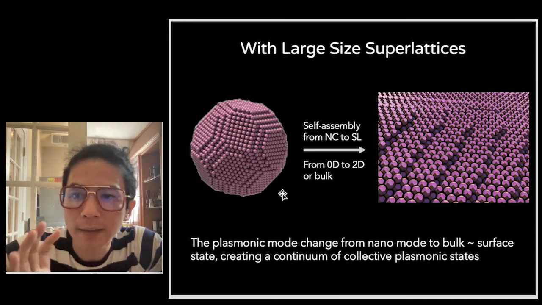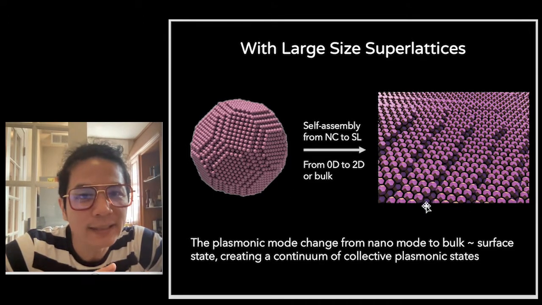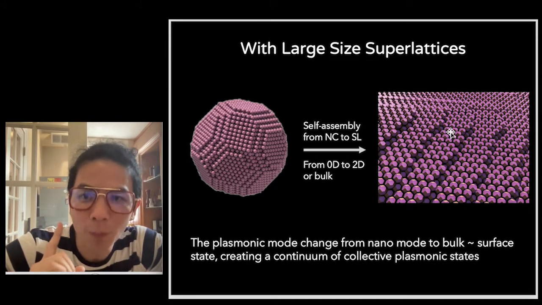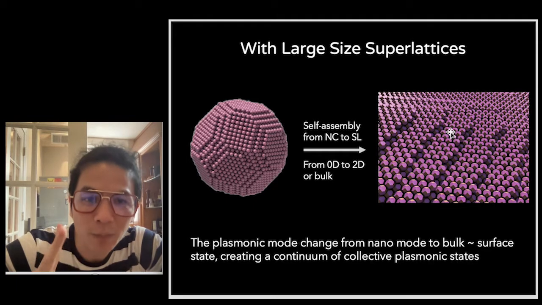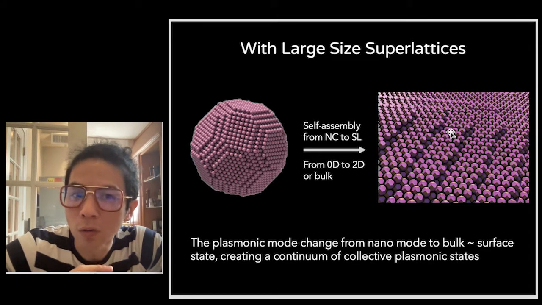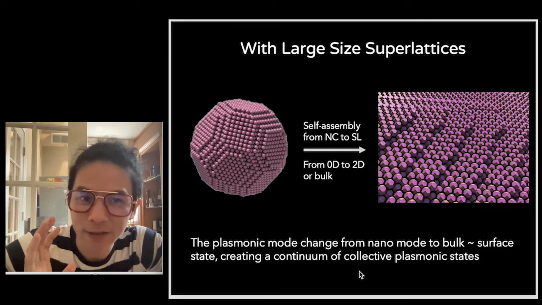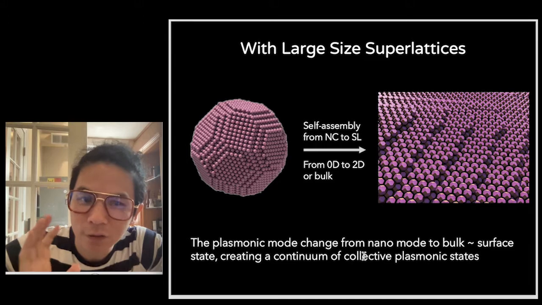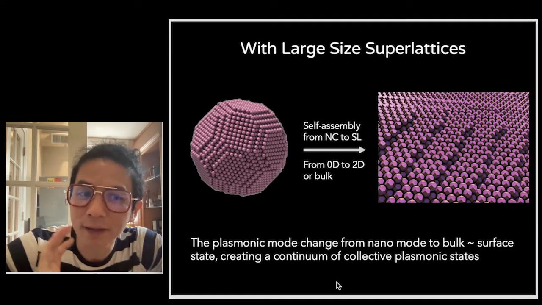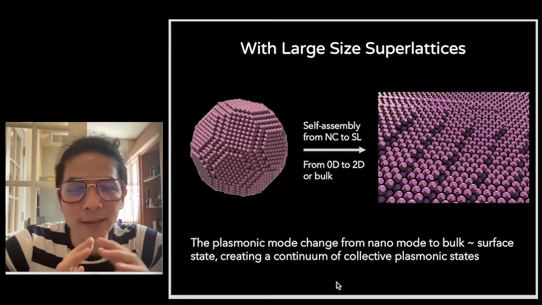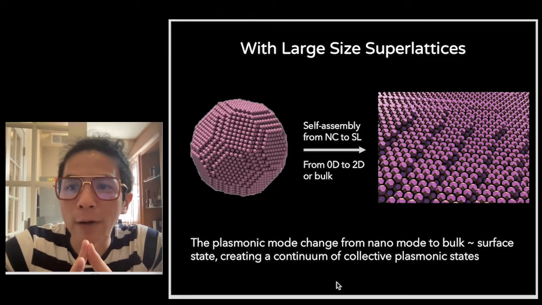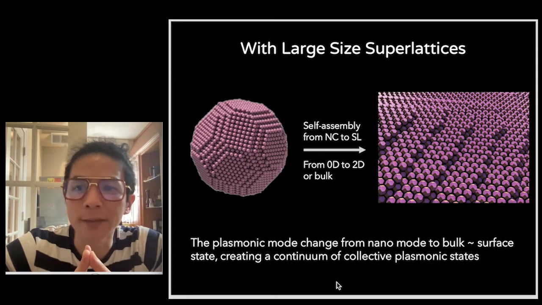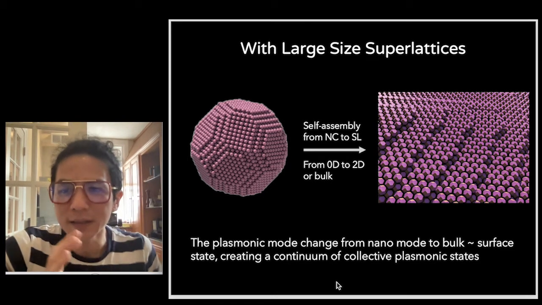But still it has a nano feature. So this type of material, firstly, still possesses the property of a nanomaterial, but the plasmonic mode will change from nano mode to bulk or surface state, creating the continuous collective plasmonic state. So that is a special thing for nanocrystal superlattices exhibiting plasmonic material.